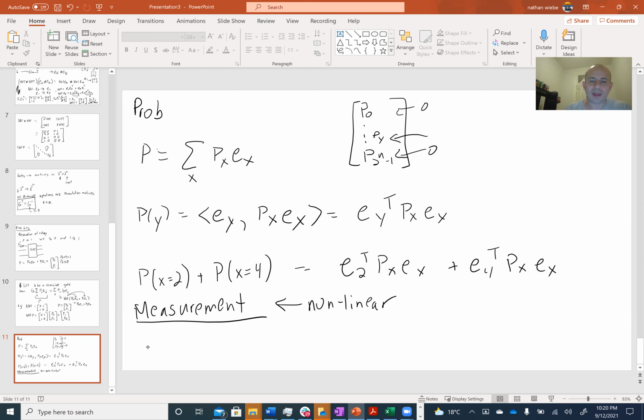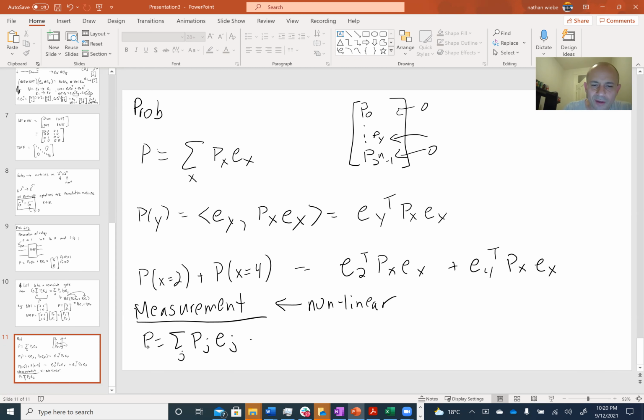That could be equivalent to the canonical example where you flip a coin and then you take a look at what happened to your particular sample. At that point, the probability distribution collapses down to a single value. So let's take a look at what happens. We've got P, which is equal to the sum over j of Pj Ej, when we're describing the probability distribution in linear algebraic language.